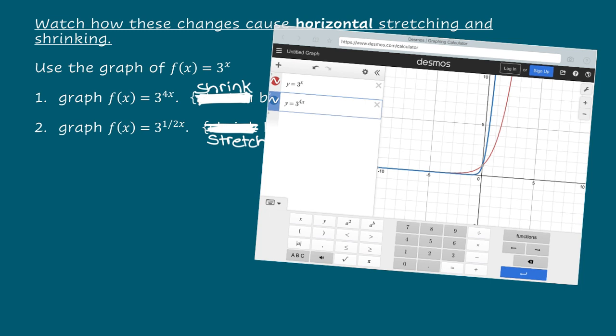And then let's put in y equals 3 raised to the 1/2 x. And you can see the difference in those graphs. You can see how it stretches and shrinks the graph.